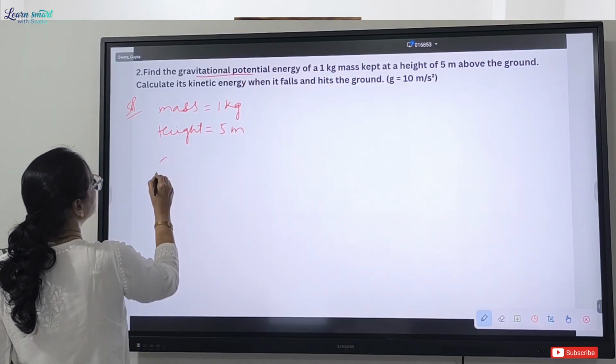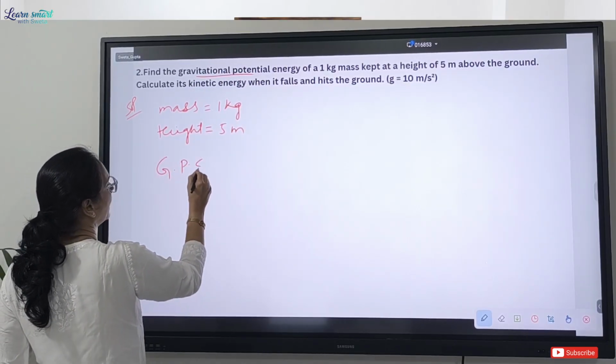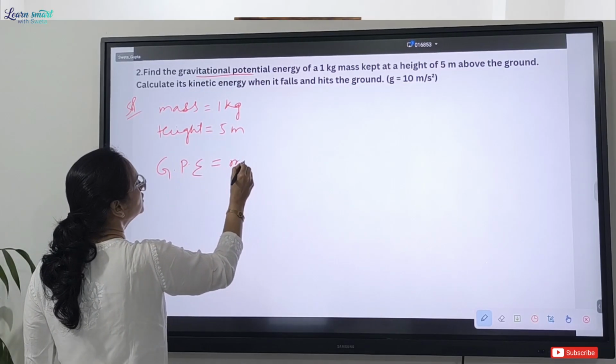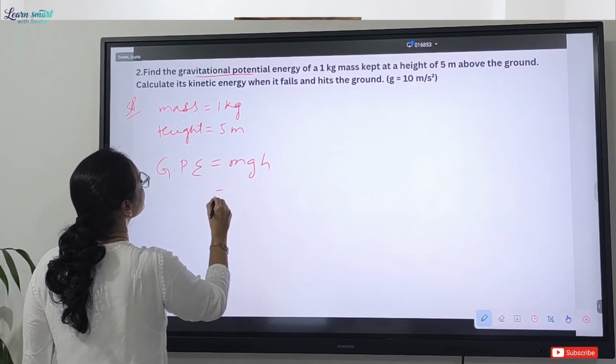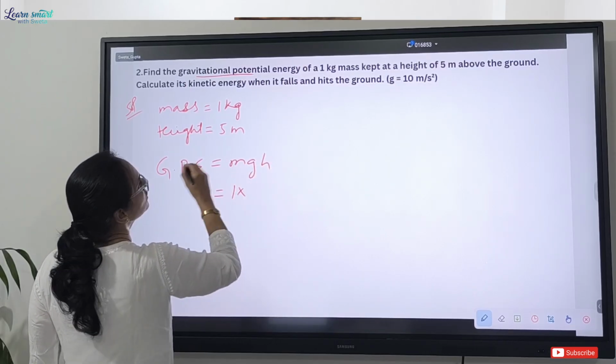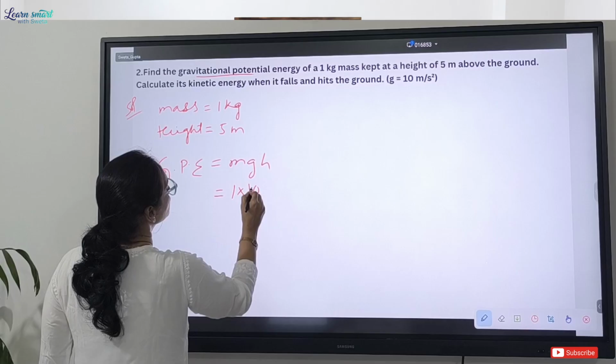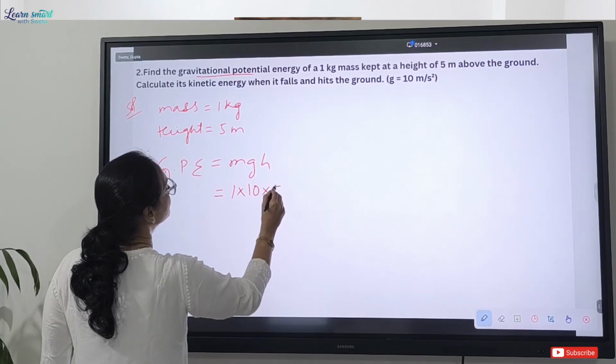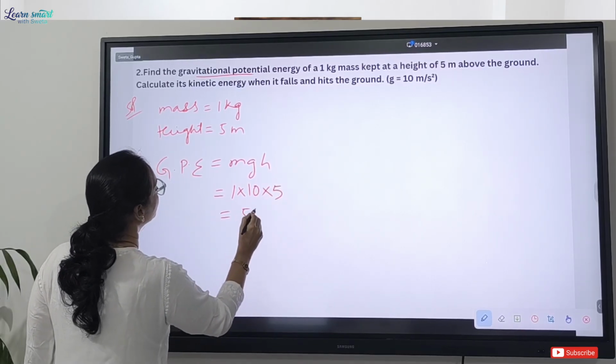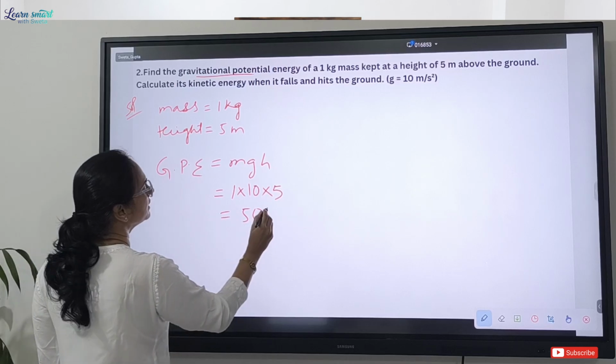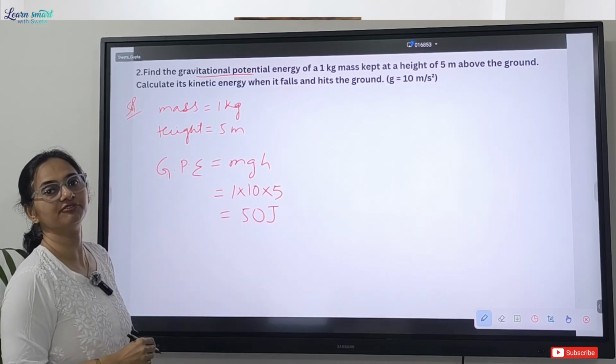Gravitational potential energy, GPE, I am writing. So mgh, which is 1 into g, they have told to use 10. So 10 and into height is 5, so 5. So we will get 50. And energy, the unit is joules, so it will be 50 joules.